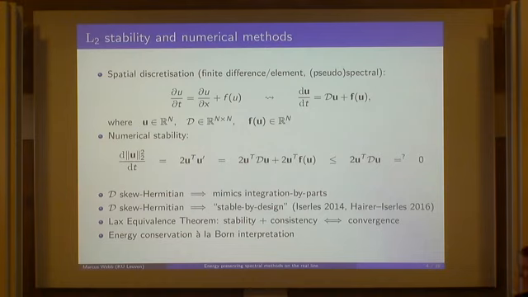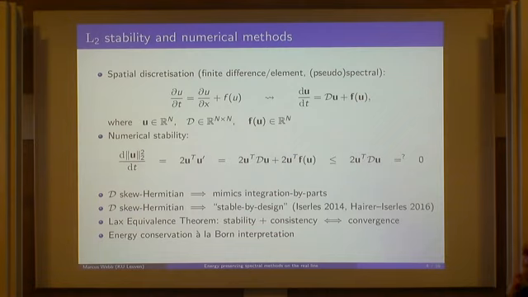And so it was Arieh Iserles who started a program, you might call it, in 2013, 2014, emphasizing the importance of making a differentiation matrix skew-Hermitian or skew-symmetric, and that it makes it a stable-by-design spatial discretization.